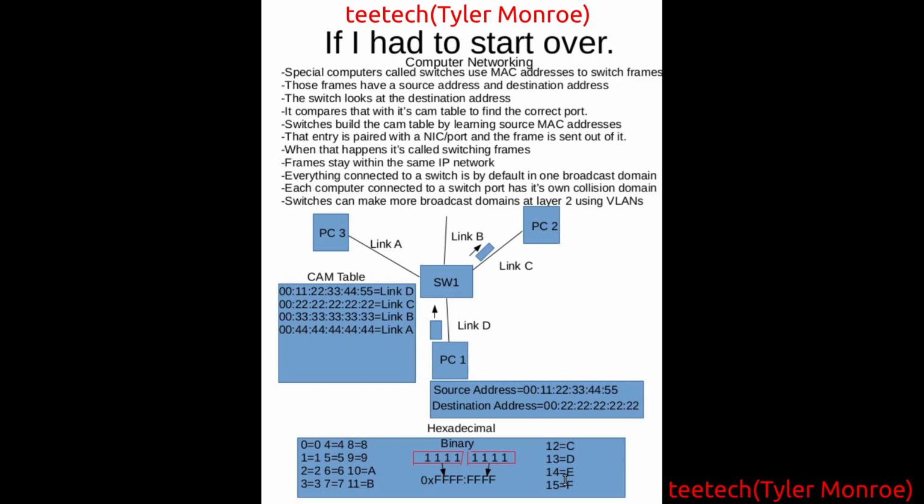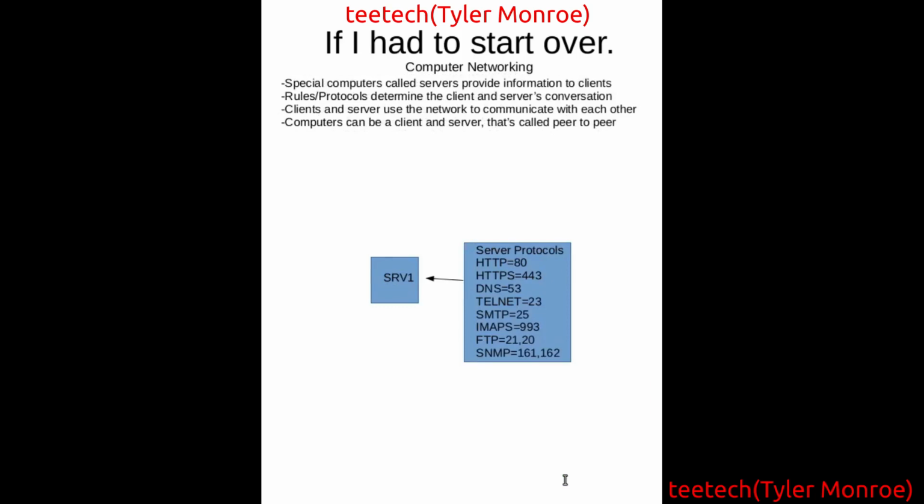But the last main thing in a network is servers. So the servers just provide information to clients, and those are our PCs. And again, the rules and protocols are going to determine what conversation they have together. And the whole idea is they use the network to communicate to each other.